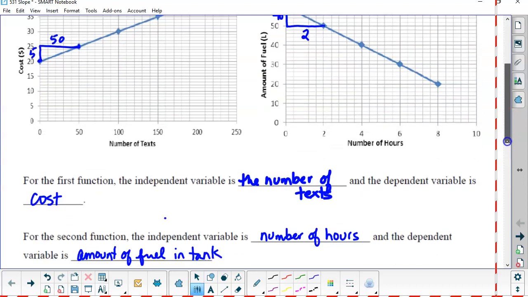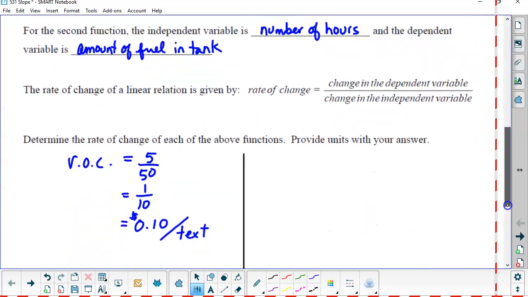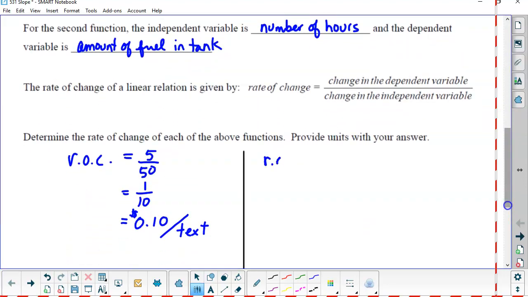Okay? So the rate of change, down 10, to the right 2, negative 5, and that is liters per hour. Okay.